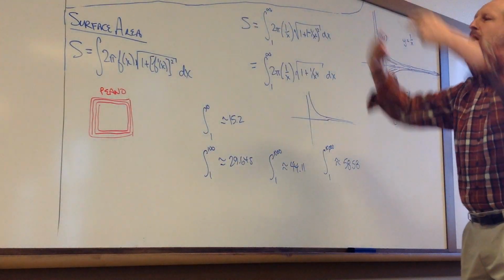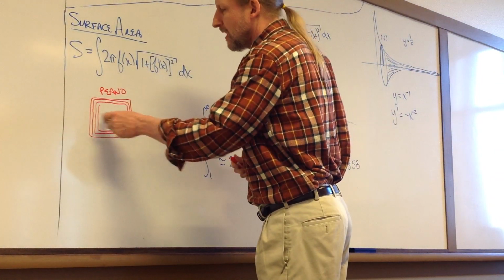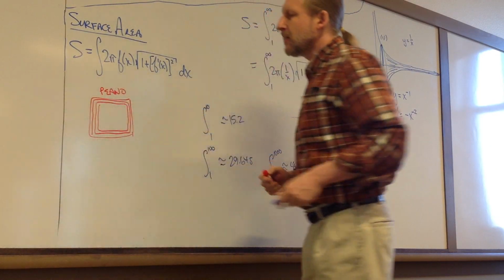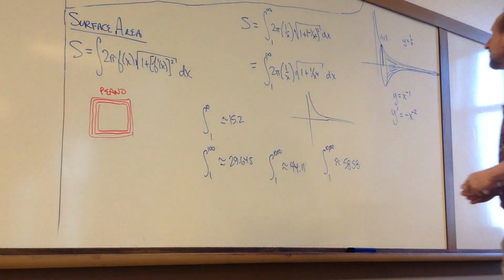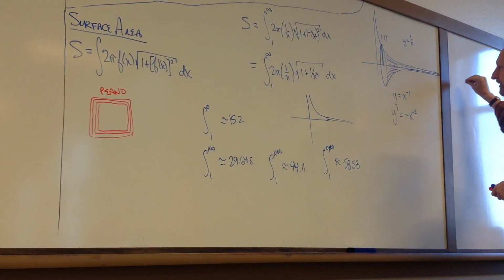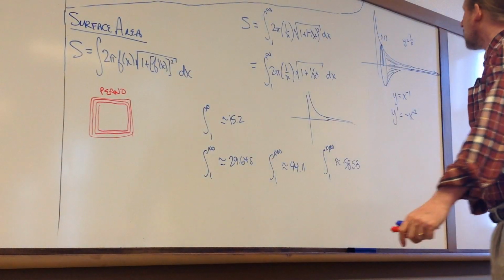So when you step up a dimension, you go from having an infinite line in the interior to having a finite area in the exterior. And so this is the same thing. We've got an infinite surface area, but it encloses a finite volume.